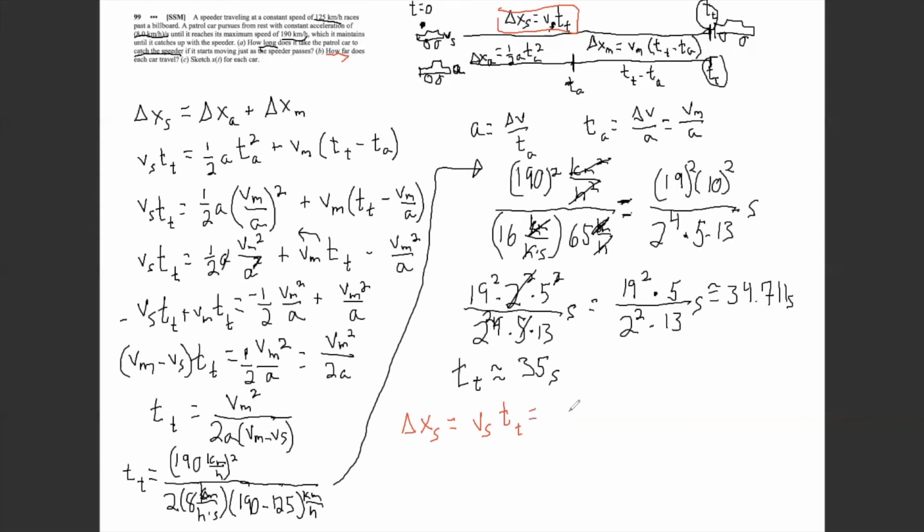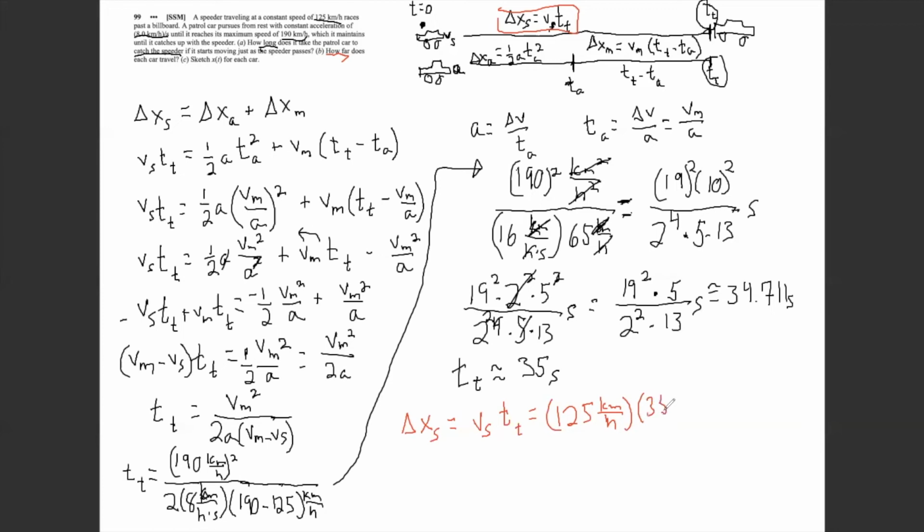But why don't we just go ahead and use this value here, and we know that Vs is going to be 125 kilometers per hour times 35 seconds.